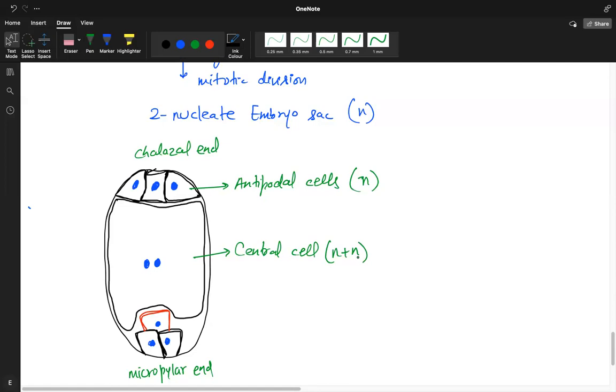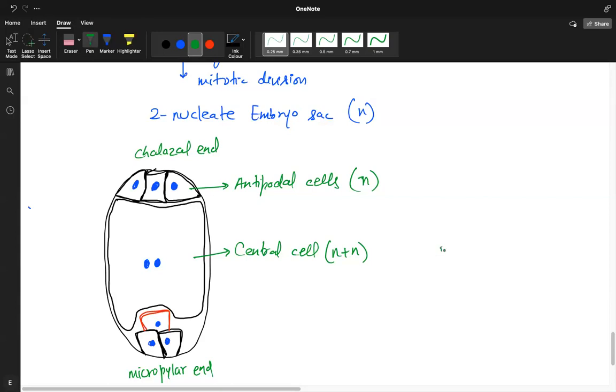It's a way of writing. 2n means there is a single nucleus with 2 copies of each chromosome present in the same single nucleus. N plus n means there are 2 different nuclei, each nucleus having a single copy of every chromosome. Does that make sense, everyone? So can you repeat that part? Yeah.